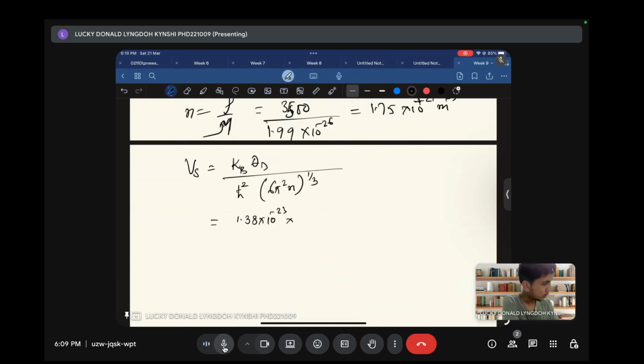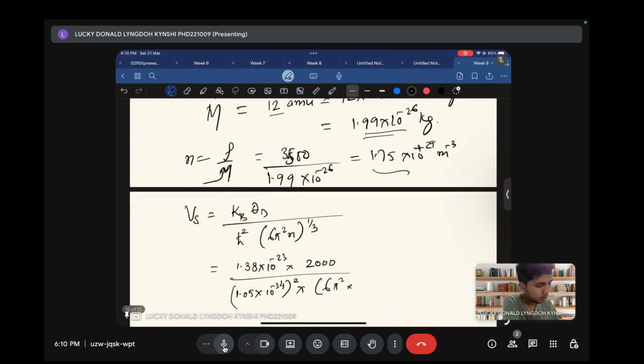Theta D is 2000 Kelvin. h cross is 1.05 into 10 to the power minus 34, and 6 pi square is also known, and n you already calculated, n equals 1.75 into 10 to the power 29, raised to the power 2 by 3.